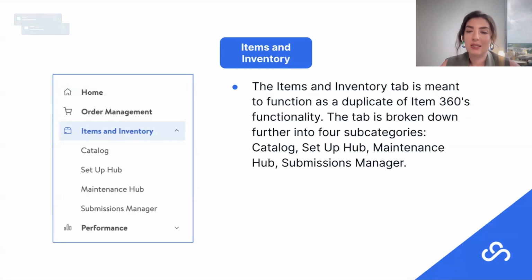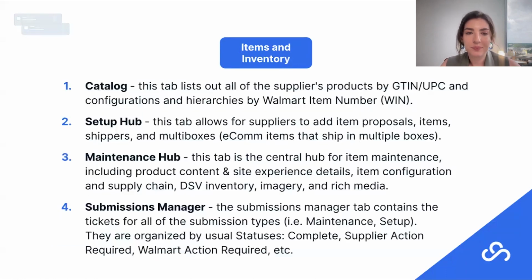And it's broken into the same subcategories that Item 360 had. This is really encouraging in my mind, just because it's something that suppliers do not have to learn new language or a new navigation necessarily. It's going to feel pretty similar, if not the same, to Item 360.